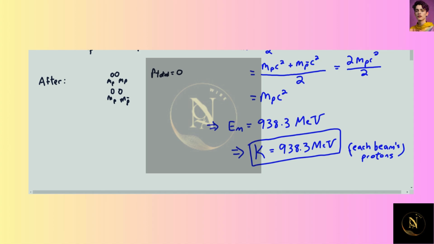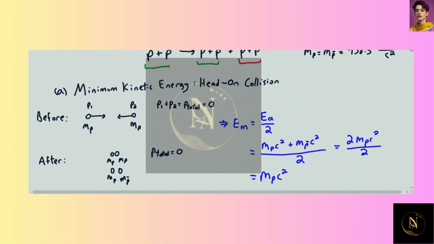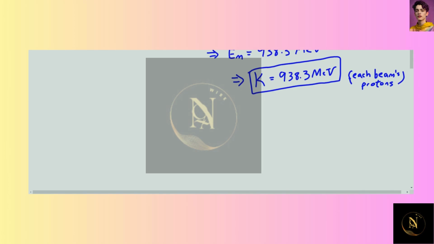We're not talking about the whole beam, like all the protons. Then it wants you to find the minimum kinetic energy for a stationary target.